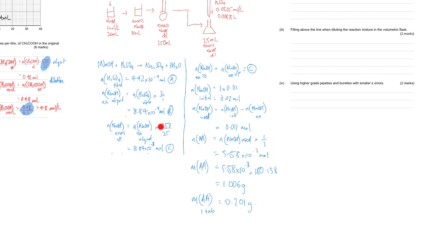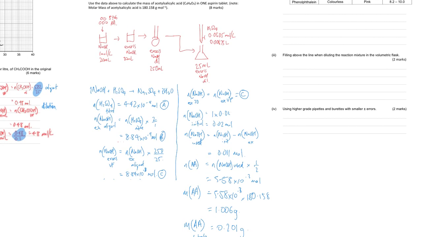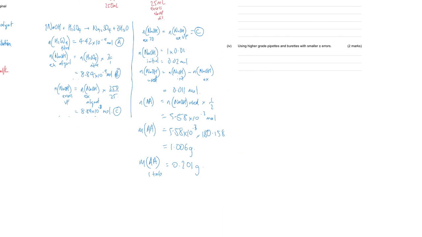The aliquot equation here was done meh by some people, but one of the most common things that was done wrong is that you needed to recognize that this is 5 tablets of the vitamin C, the acetylsalicylic acid, and it asked for 1 aspirin tablet, okay? So the 5 tablets to 1 tablet changes it just at the very end, right? You've got to read that to make sure that you recognize that division by 5 there.